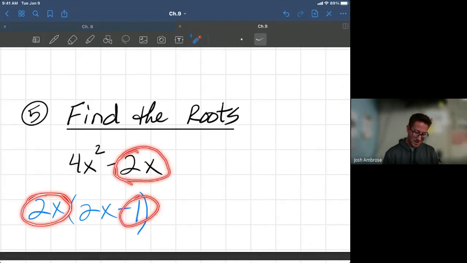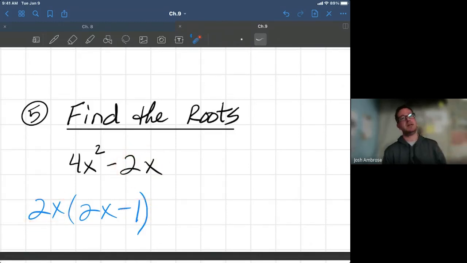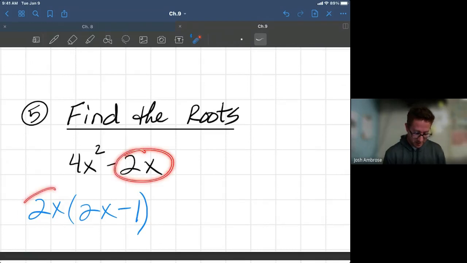There's a 1 left over. Many times students will say, well, I took it all out. There's nothing left over. There's a 0. That's not the case. Remember, there's always a 1 left over. Even if you crossed everything out, there's a 1 left over. 2x, but I took out a 2x. There's a 1 left over.